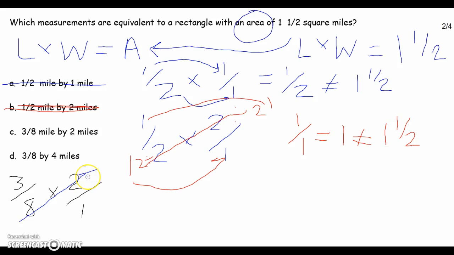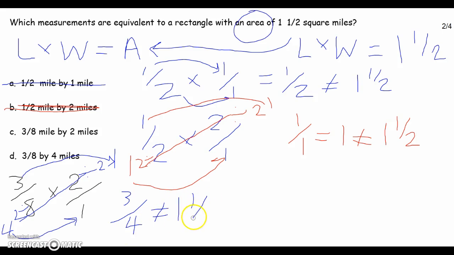So we can divide 2 by 2 and get 1, and 8 divided by 2 and get 4. Then when we multiply 3 times 1, we get 3, and when we multiply 4 times 1, we get 4. That gives us 3/4, which happens not to be equal to 1.5.